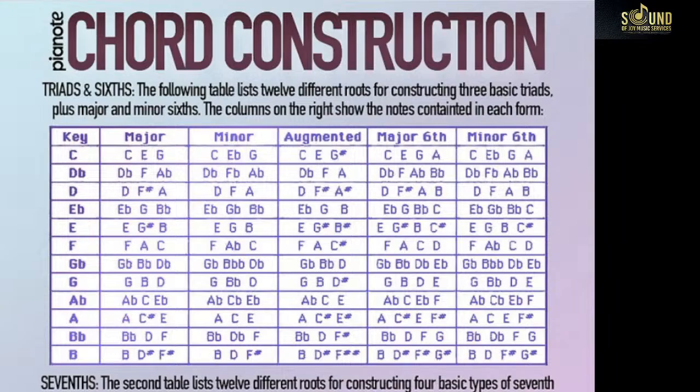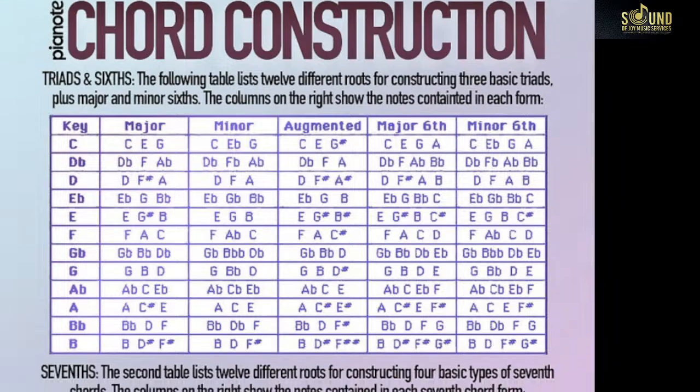The following table lists 12 different roots for constructing three basic triads, plus major and minor sixes. The columns on the right show the notes contained in each form. So as you look, just in the key of C: major, minor, augmented, major six, minor six, and that's just the beginning.